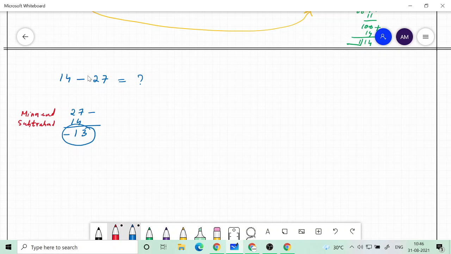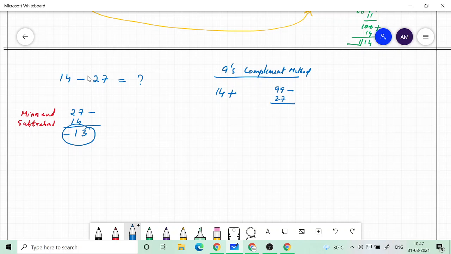Now how to make the process simpler? Use 10's complement or 9's complement. Okay, so let's use 9's complement. In the 9's complement method, we take 14, then add to it the 9's complement of 27. So how do we find the 9's complement? Just subtract 27 from 99. You may think that we need to do this subtraction, but actually we don't need to do this subtraction.